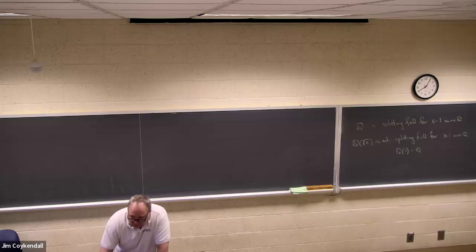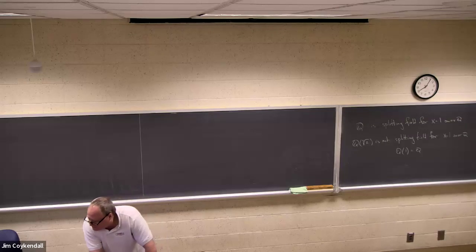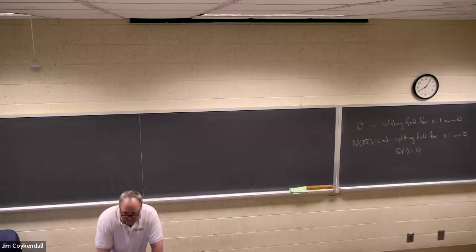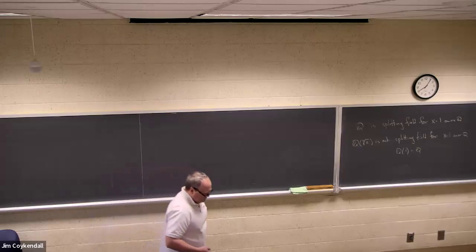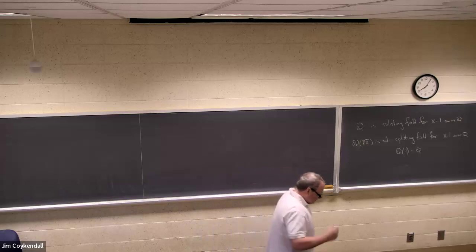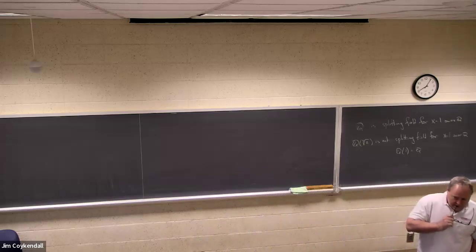Okay, yes, Peter. I have a question. I think that you told us that if we have an extension, for example Q adjoined with u, and f is the minimum polynomial, if f has all its roots in the extension, then automatically the extension was Galois.